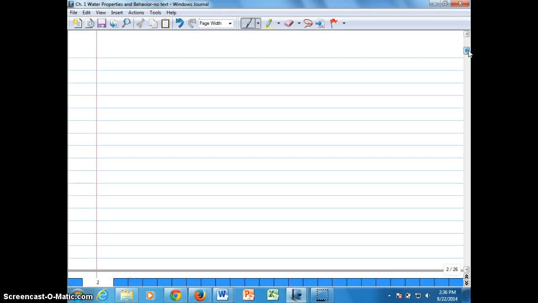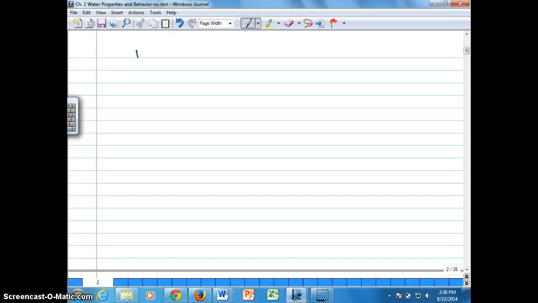Okay, a few things. So the fact that water is polar because of the presence of oxygen yields some emergent properties and behaviors for water that are important to all living things.